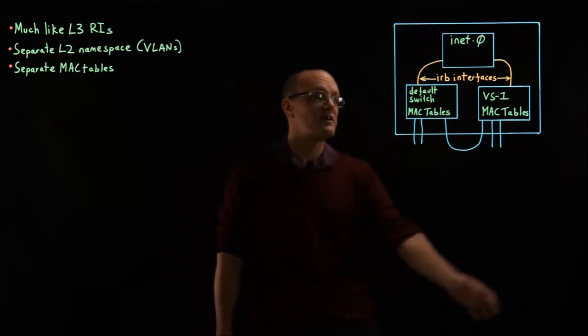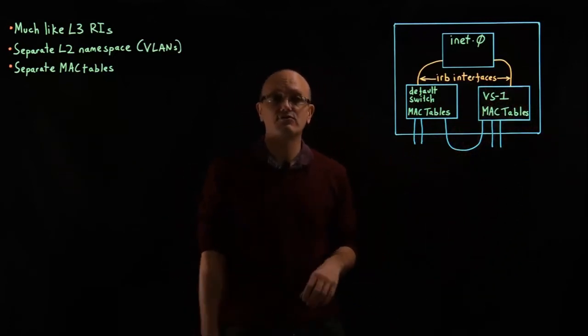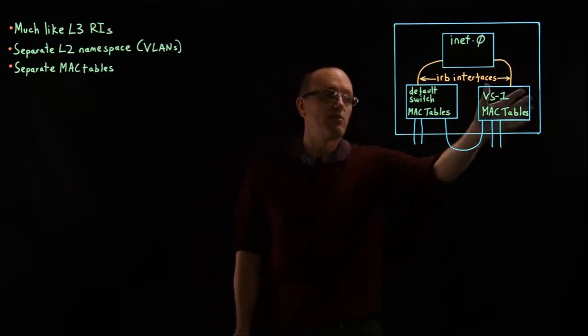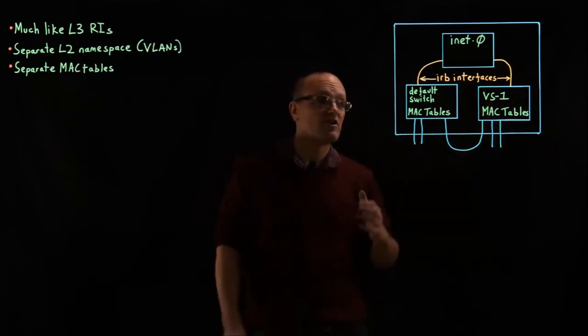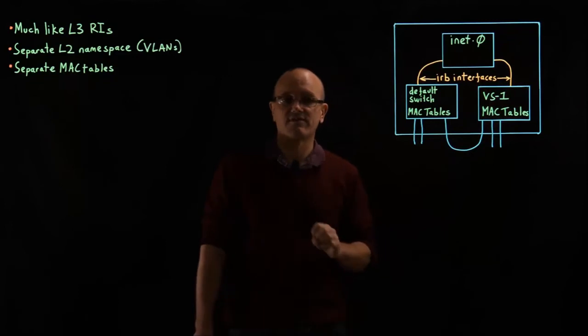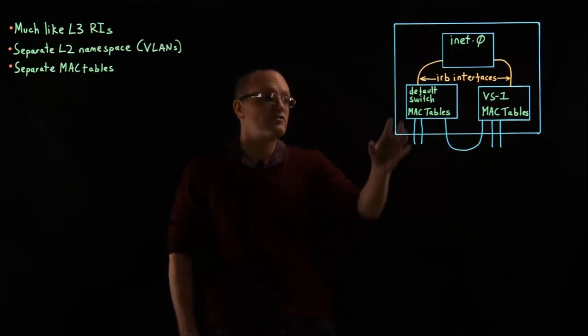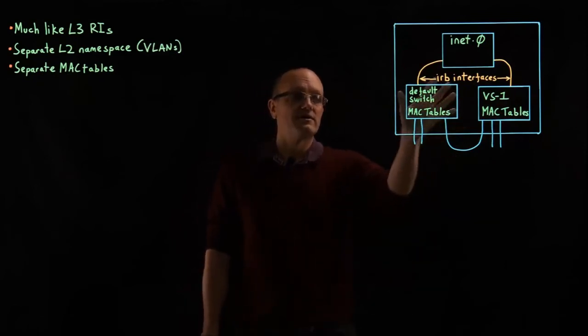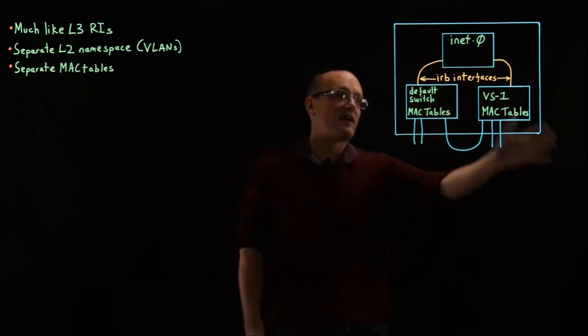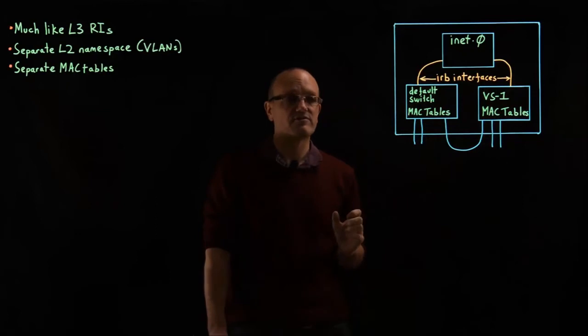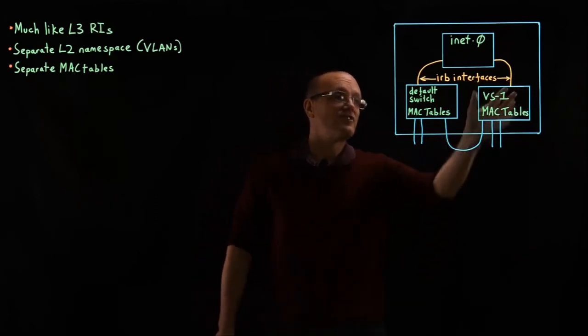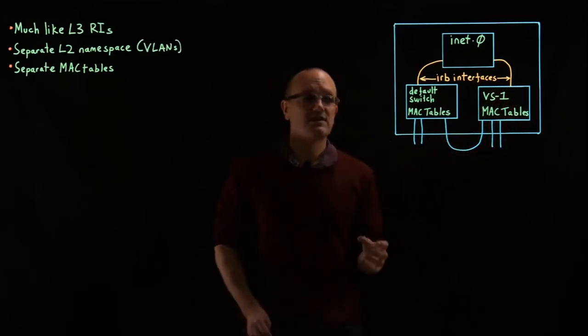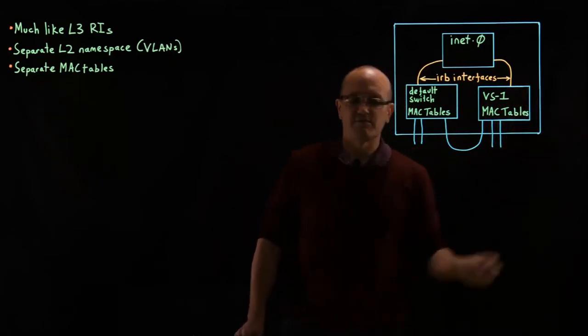And we also have an example of a virtual switch configured here, VS1. This is a virtual switch that's been configured under routing instances. So you can see that the MAC tables are separate for our default switch instance and our virtual switch instance. And if you were to configure additional virtual switch instances, they would then also have separate MAC tables.